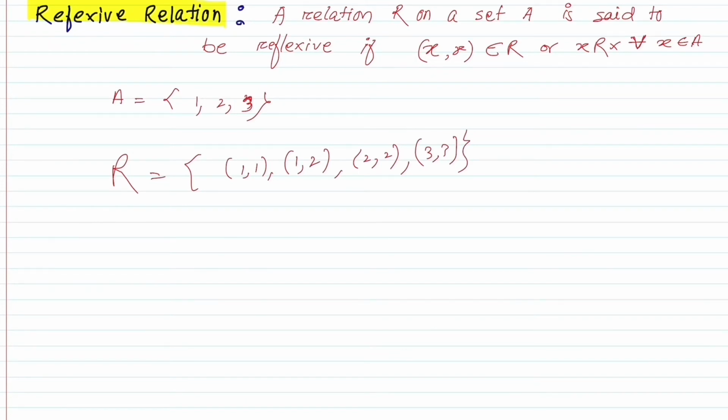It may be any relation. Here the set A has elements 1, 2 and 3, and R contains (1, 1), (2, 2) and (3, 3). That's why this relation can be considered a reflexive relation.